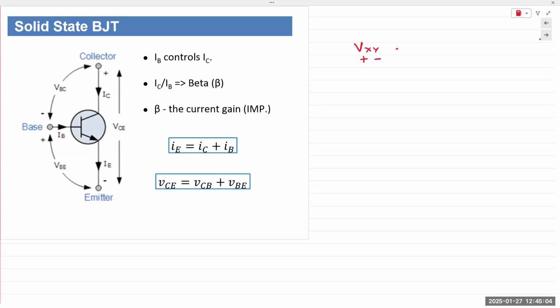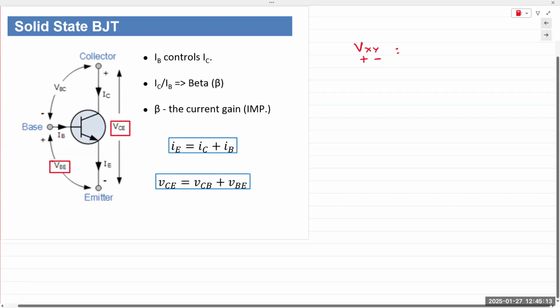And thus we have 3 voltages here. We have VCE, we have VBE, and we have VBC. Pay close attention to what quantity is being measured or asked for, because depending on that, you would have either a positive or a negative answer.